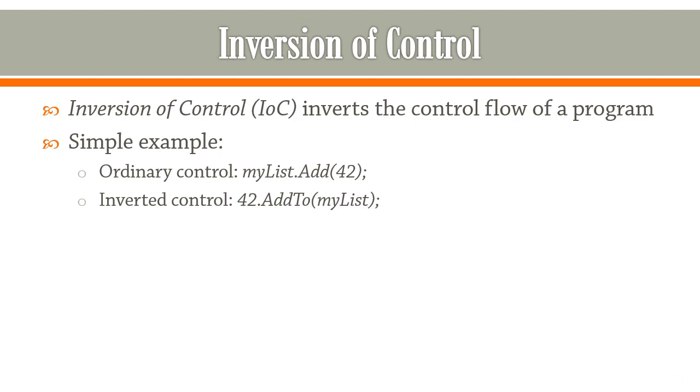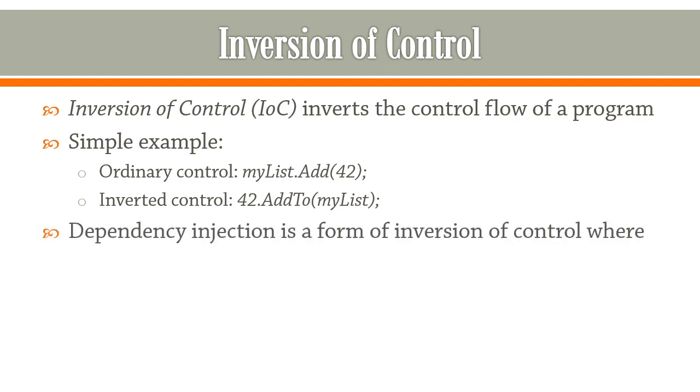And of course, dependency injection is a form of inversion of control. So it's one of the many different implementations where you can invert control. So here what we mean by that is the following. Instead of using ordinary object composition, where you call a constructor or assign a property to make an object consist of several other objects, you take all this responsibility and you delegate this to the IoC container.